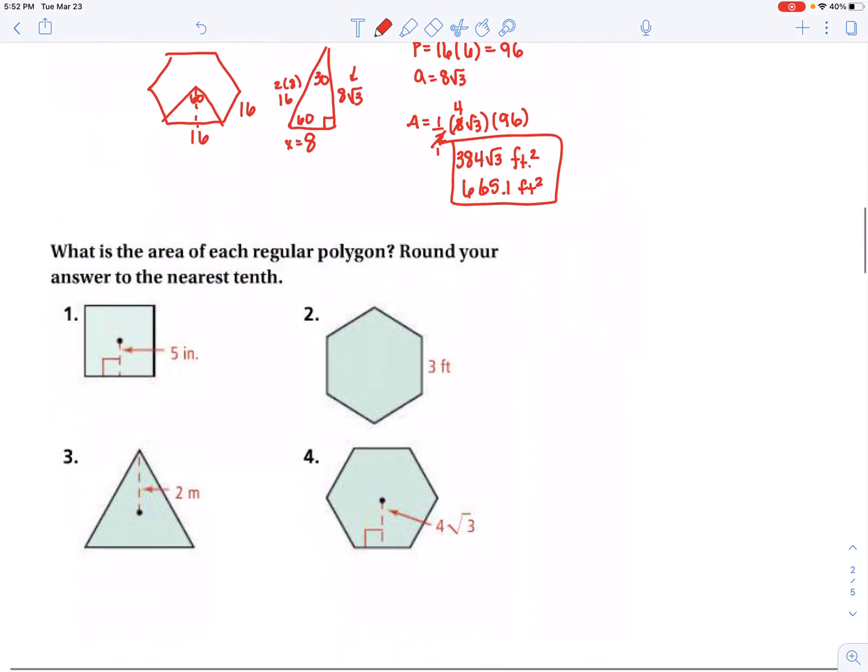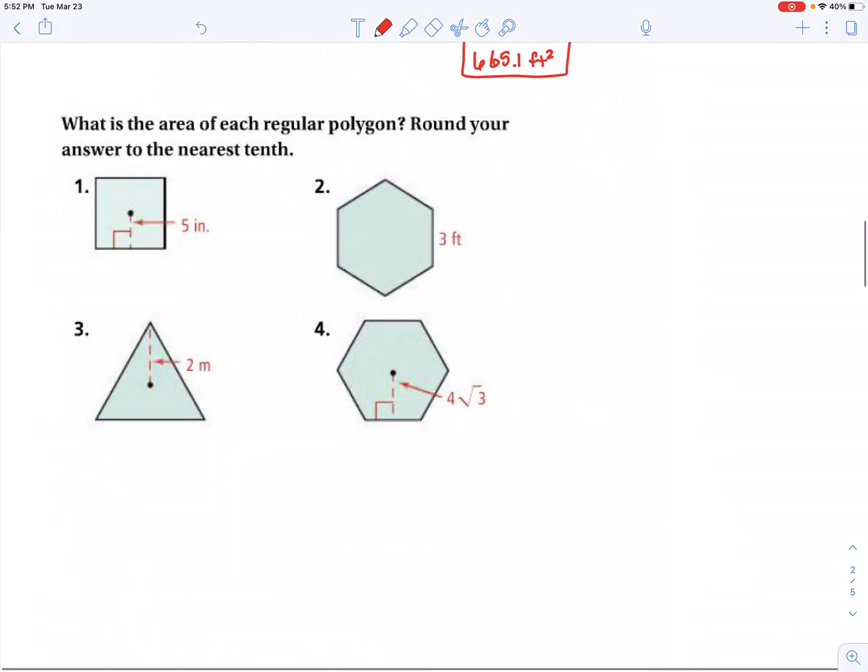Okay. All right, let's look at these last 4. So we might have to do a little bit of work because, like on number 1, yay, it looks like a square, probably maybe a rectangle, but I don't know the side length. So I'm going to make a triangle. This time I know the apothem, so I'm going to come over here. So this is number 1. So again, if I drew a circle around that square, I have 360 divided by 4, which is 90.